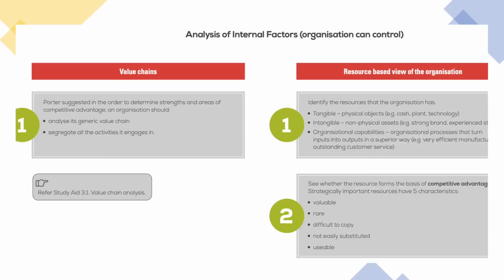The resources we have discussed, tangible, intangible, organizational capability, should have these characteristics so that we can say the organization has a competitive advantage over any other organization in the same sector or in any sector.